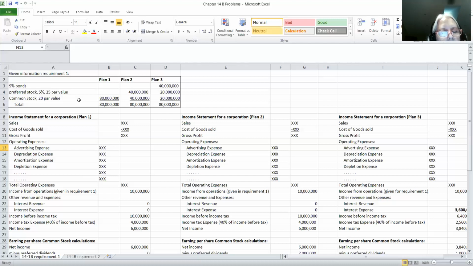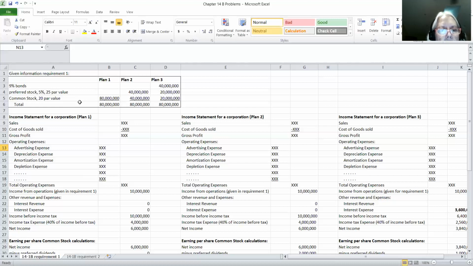So you're going to have to figure out a way to determine what the shares issued were in Plan 1. And to do that, we will divide $20 par value into the $80 million, and that will give us the number of shares of common stock that we are planning to issue.